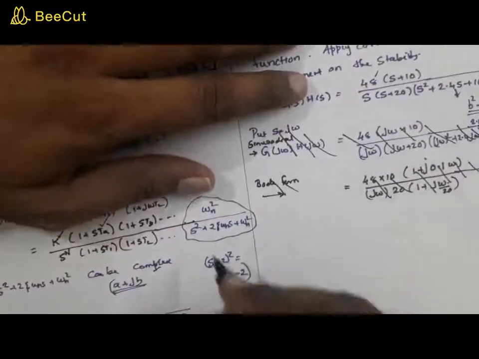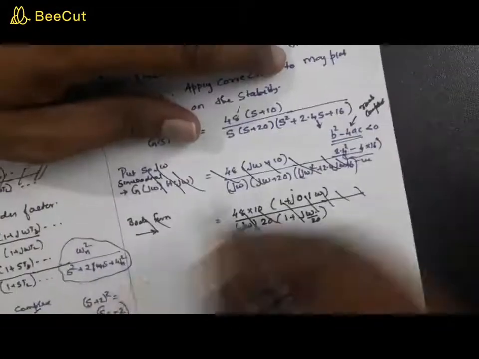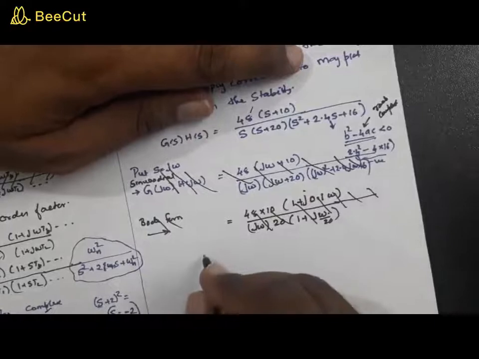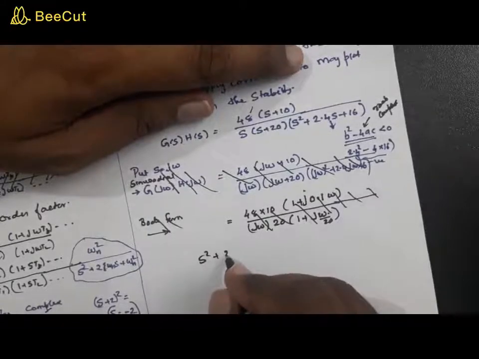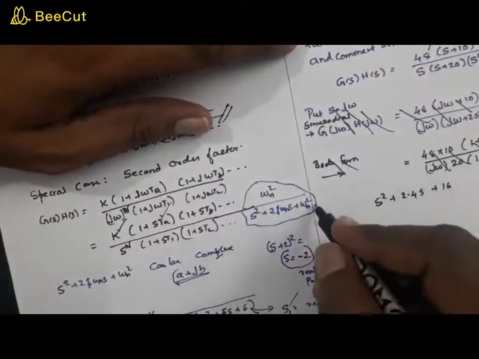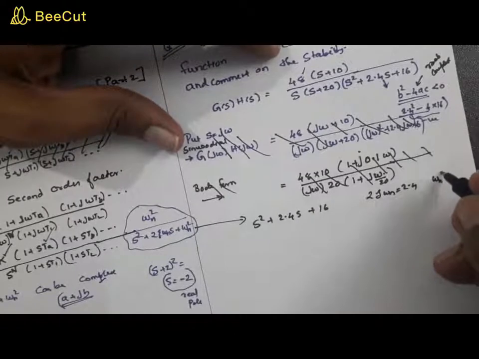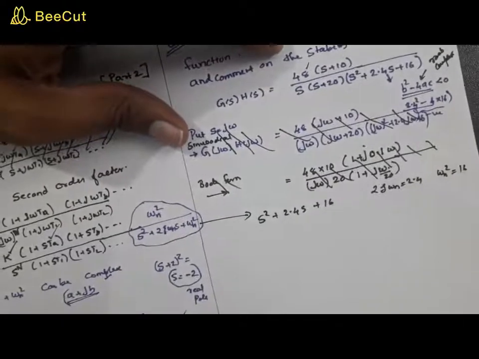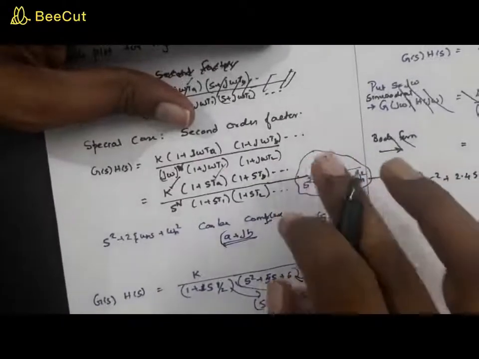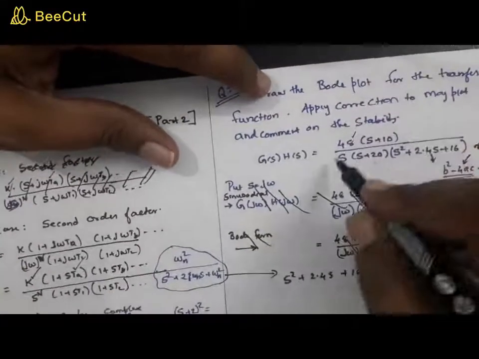So when you compare s square plus 2.4s plus 16 with this term, you will be getting 2 zeta omega n is equal to 2.4, while omega n square is 16, right? Now if you want to convert this factor in this form, you need to multiply and divide by 16.